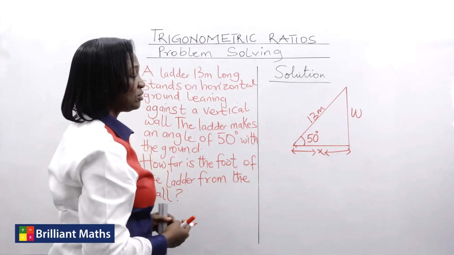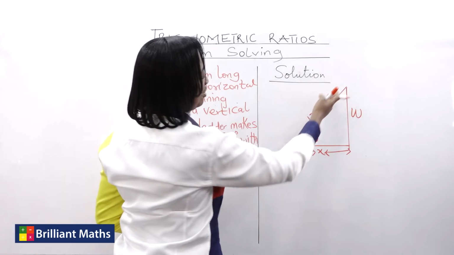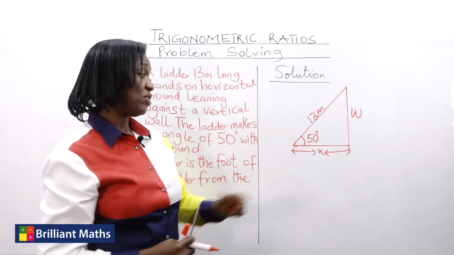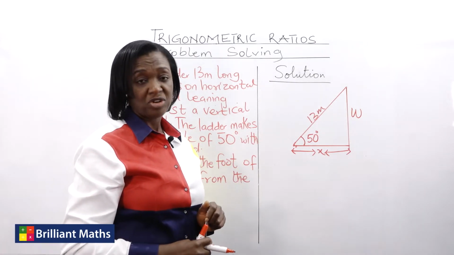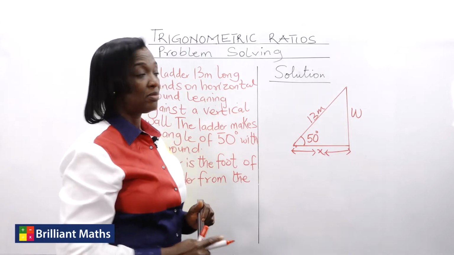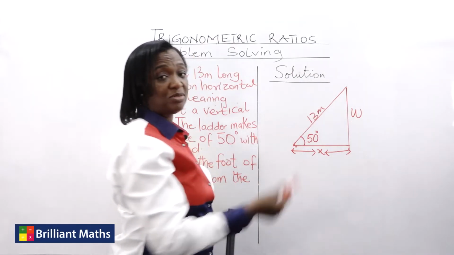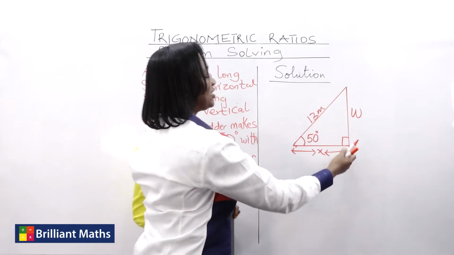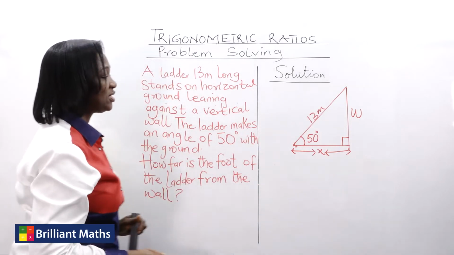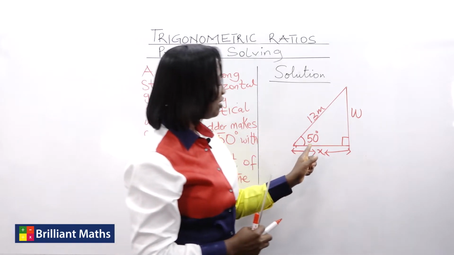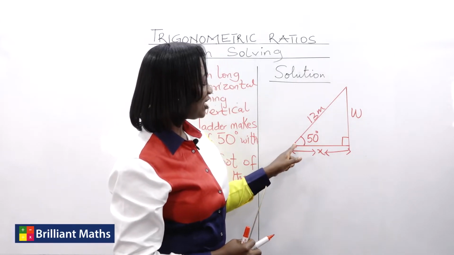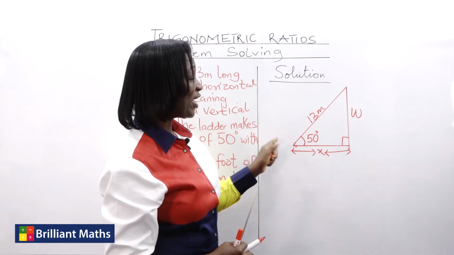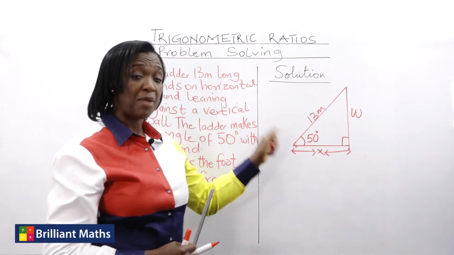So what do we have? We have 13 meters. We have 50 degrees, and we're supposed to find x. What ratio should we use? That is the hypotenuse, because it's a right angle triangle. The wall makes 90 degrees with the ground, of course. So we have 50 degrees, and we're supposed to find the line adjacent to the 50 degrees, and we're given the slanted side, which is the hypotenuse.